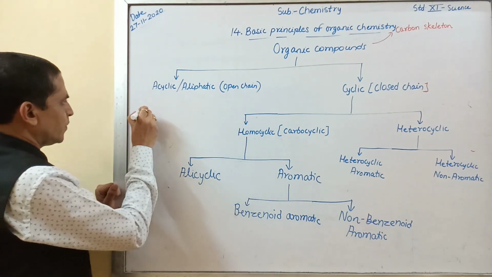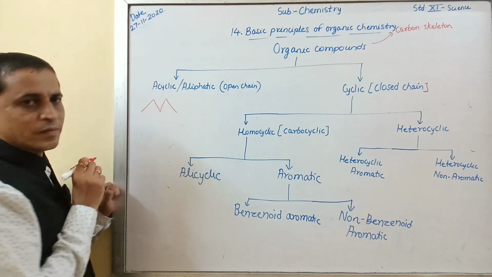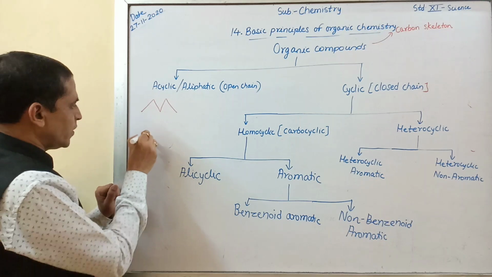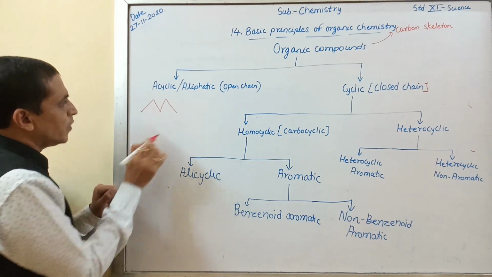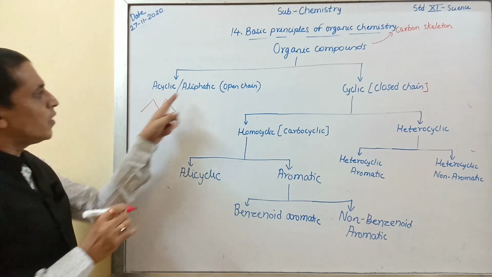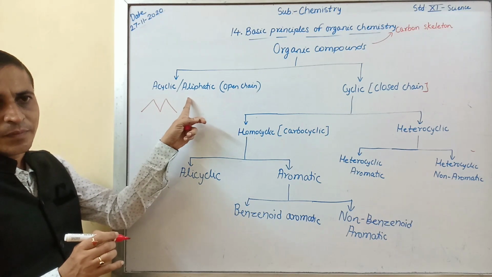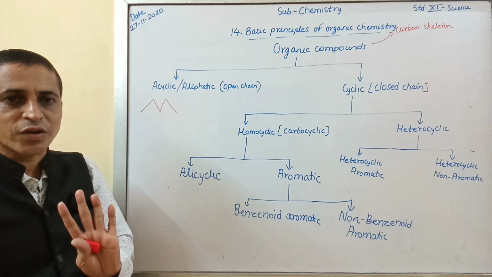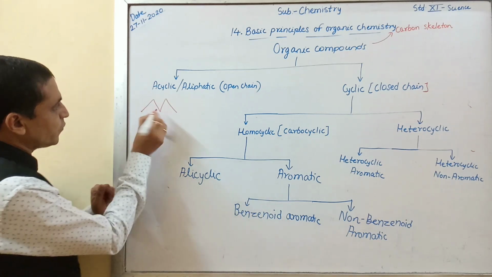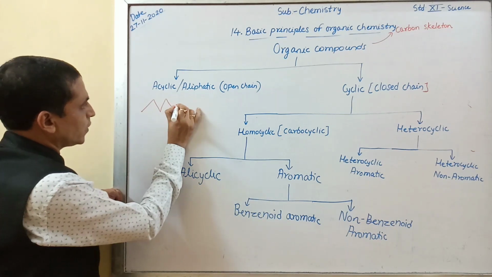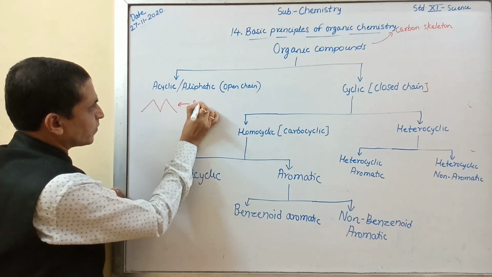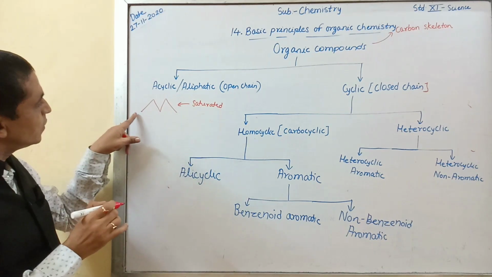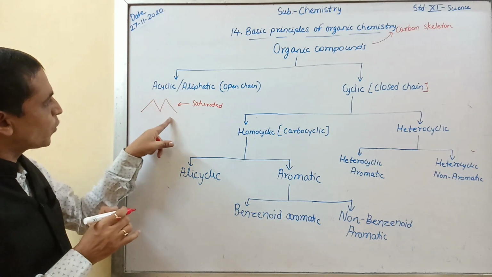See, this is what? Open chain compound. See, aliphatic compounds may be saturated or unsaturated also. If I put this, this is what? Saturated. Why are they saturated? Because there are no multiple bonds.